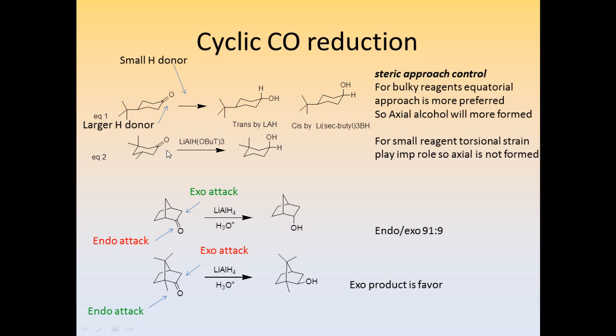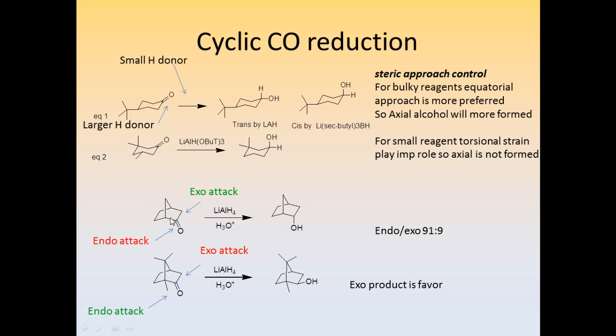So it forcefully produces the axial alcohol as the major product, because the large hydride donor cannot attack from the upside, because the upside has the methyl group, so steric hindrance is more, so it cannot produce the equatorial alcohol; it will give the axial alcohol. But here the hydride is very small, it can overcome this steric repulsion and give the most stable product. The similar effect is seen in exo attack and endo attack.